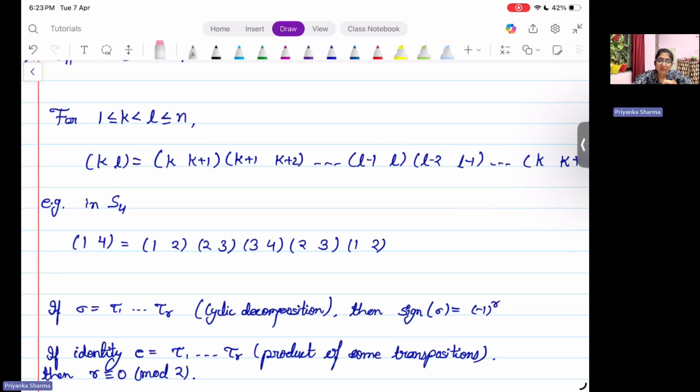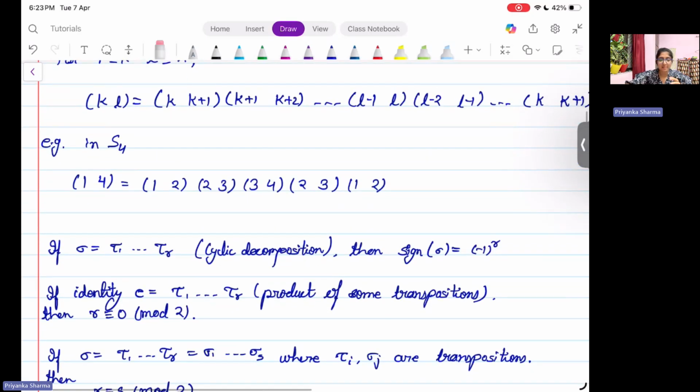For example, in S4, we took a transposition 1, 4. So how do we write it as a product of simple transpositions? We start from 1, then we write 1 2, 2 3, 3 4. Now in 3 4, the 4 is the second element in the transposition, so we stop here and then start to decrease.